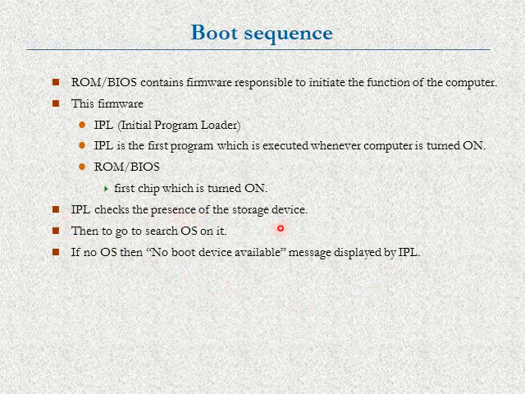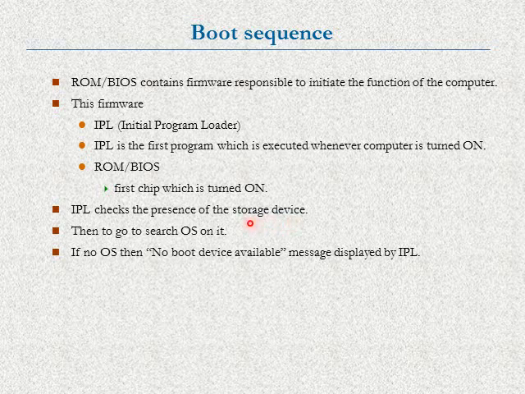it checks for the presence of a hard disk or storage device. And then the messages that we have on a couple of previous slides: it checks whether the device is present or not. If it is present, it proceeds; if it's not present, it displays a message.